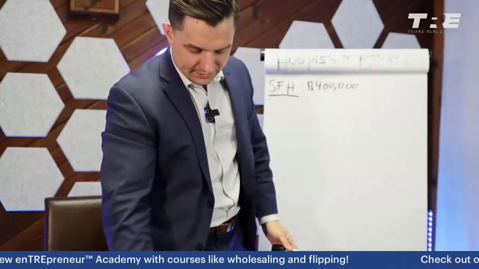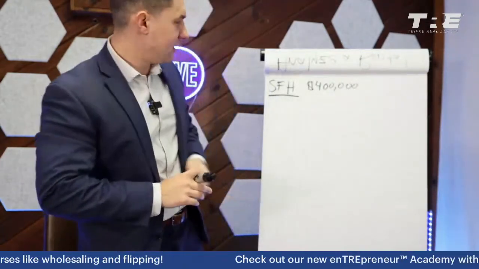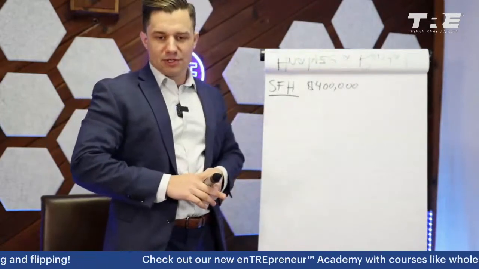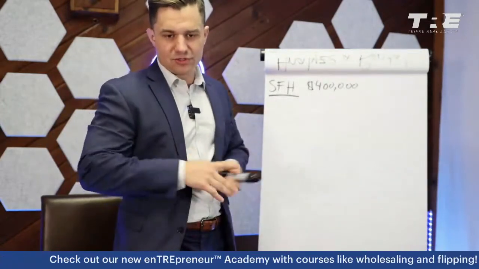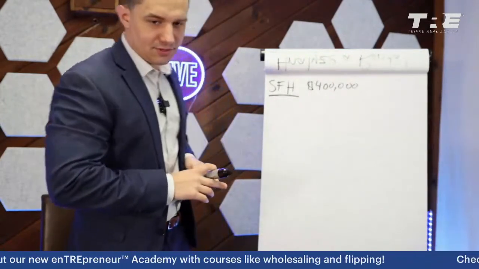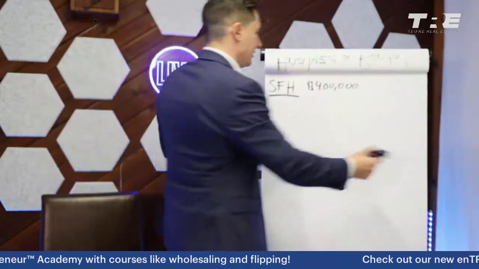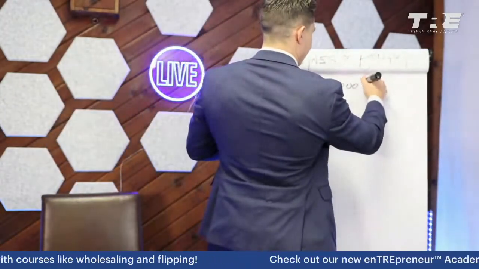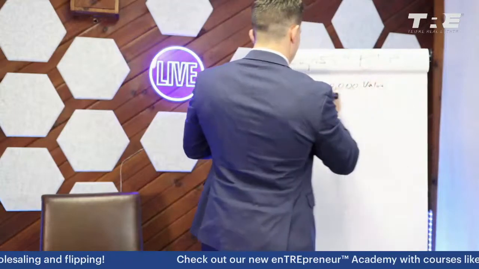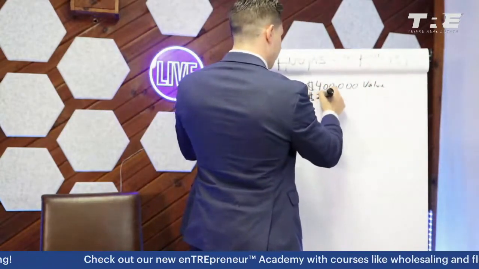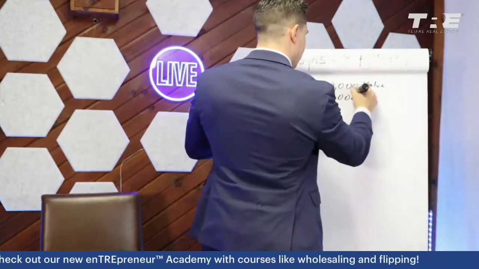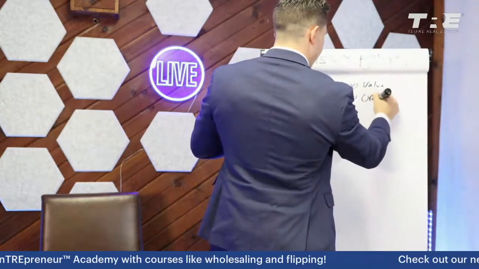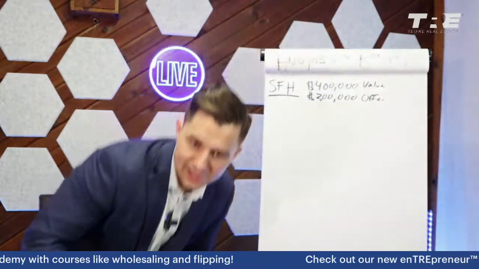If you can get this in a hot market like Austin, Texas, around 75% of market value, then that's pretty good. So $300,000 would be 75% of the value of $400,000. So this is the value, but we want to pay $300,000. Offer.